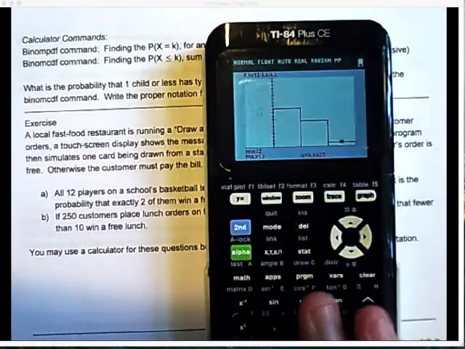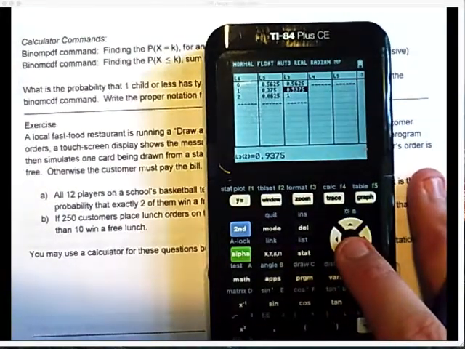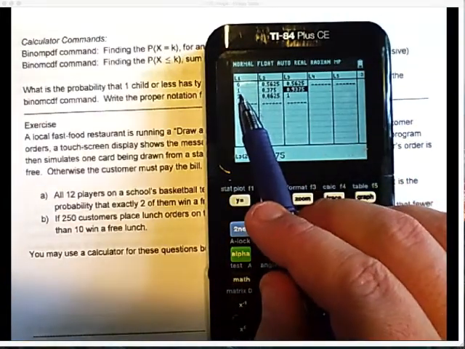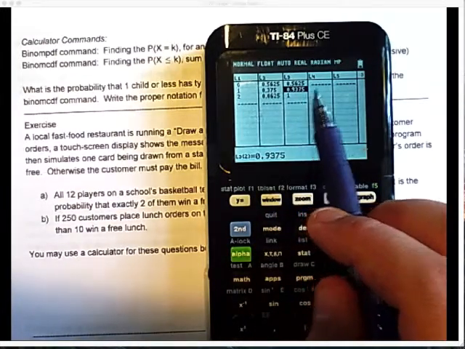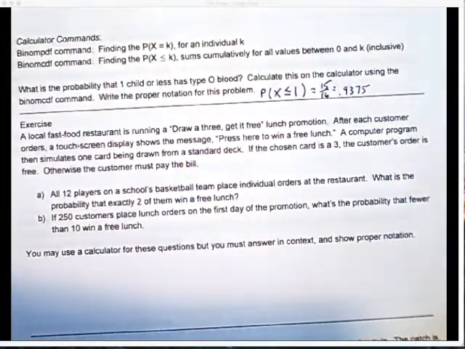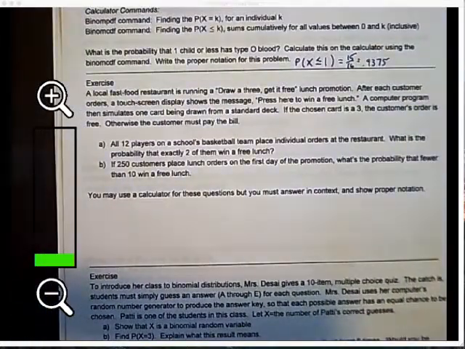On our list, if we go back to our list, that's this number right here. 1 or less kids having type O blood, there's a 93.75% chance that that happens. So let's try this next one.